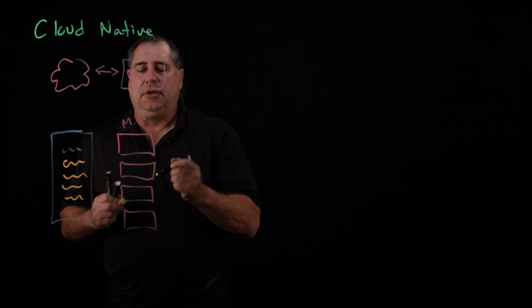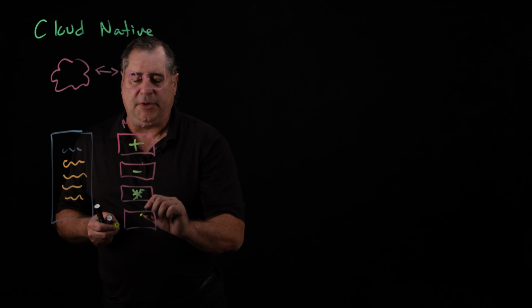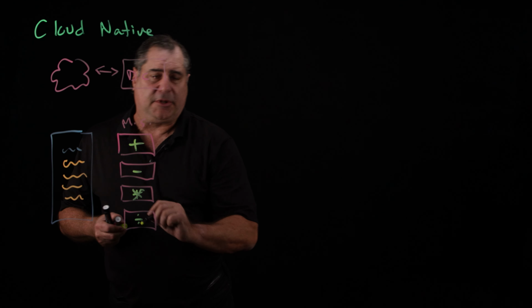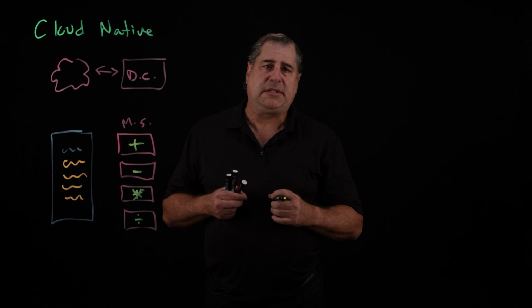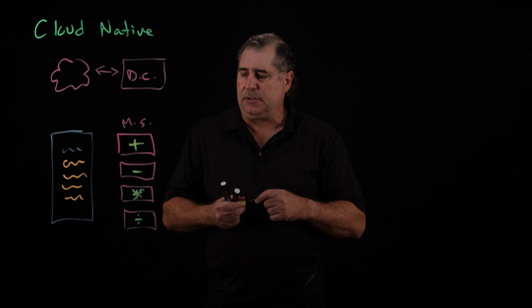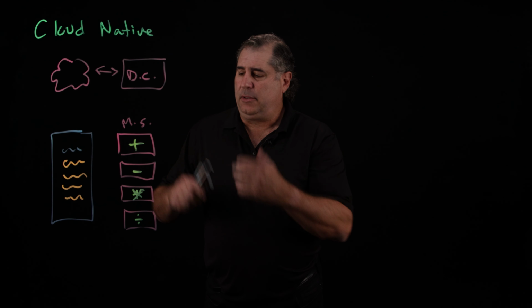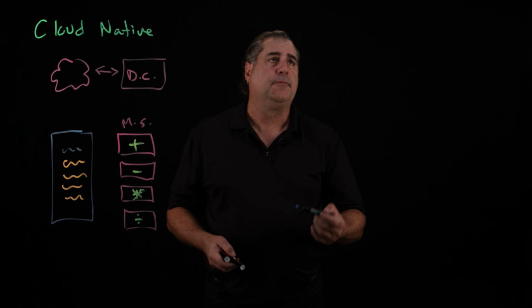Let's pick an example of building a cloud-native application and pretend that we're going to build a cloud-native application that's a calculator. So it's a calculator with 4 basic functions of addition, subtraction, multiplication, and division. So there we have 4 microservices that together constitute and build me an application.